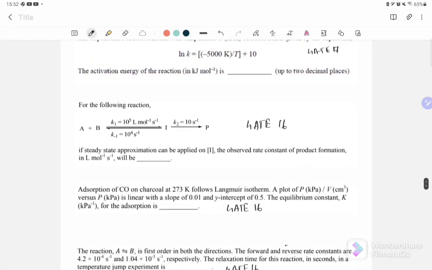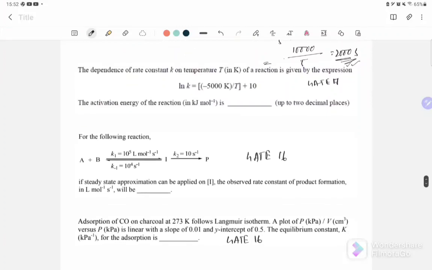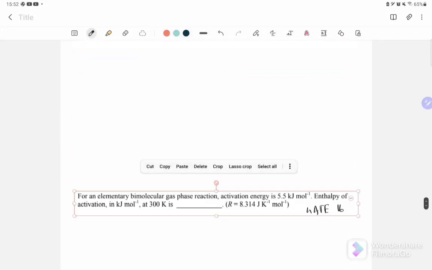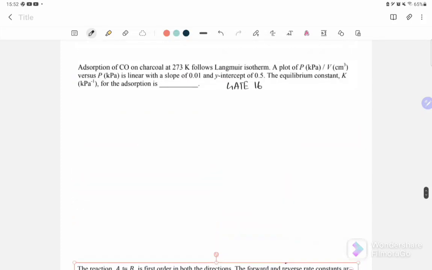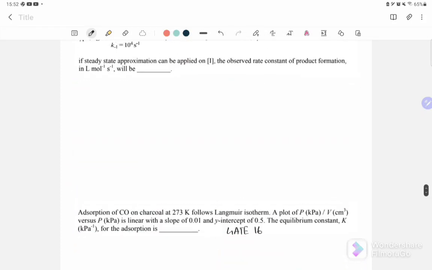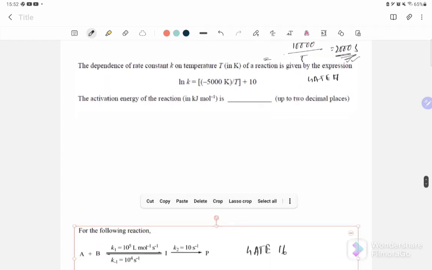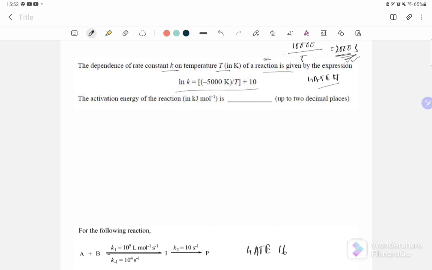So this is the next question from 2017. The question is that the dependence of rate constant k on temperature of the reaction is given by this equation.